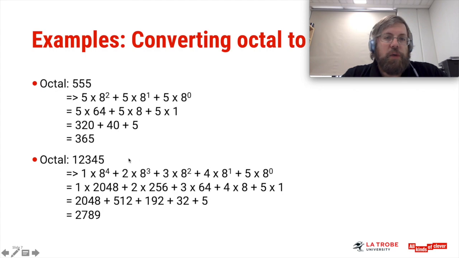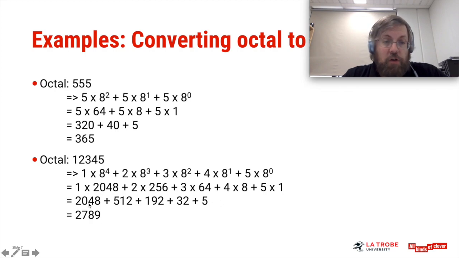We also have the octal number 12345, which we can do the exact same with. 5 times 8 to the 0, plus 4 times 8 to the 1, plus 3 times 8 to the 2, plus 2 times 8 to the 3, plus 1 times 8 to the 4, which turns into 5 times 1, plus 4 times 8, plus 3 times 64, plus 2 times 512, plus 1 times 4096.